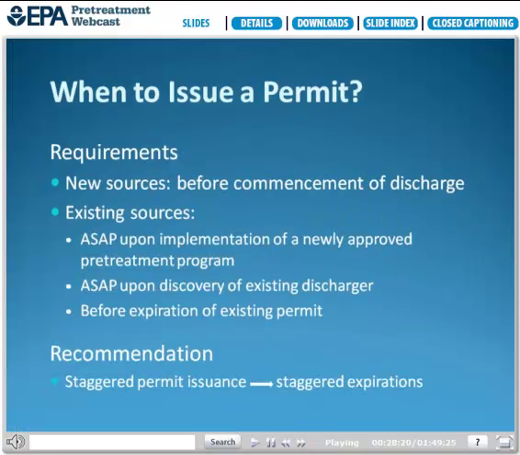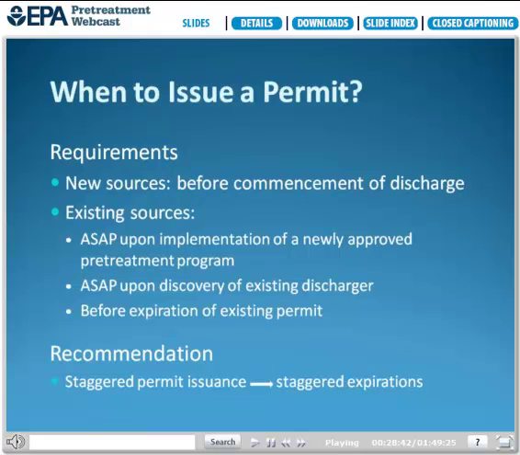Okay, first consideration. We talked about identifying and classifying the industrial users for permitting prioritization. So where do we start? Well, of course, the minute that your pretreatment program is approved by the state or EPA, you, the control authority, can issue all of those permits to your existing significant industrial users right away, right?